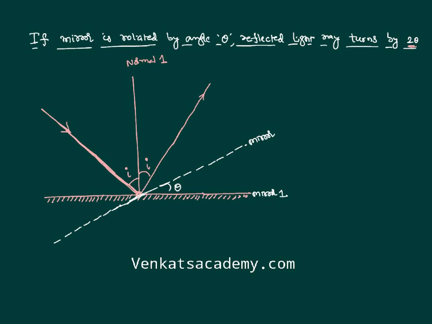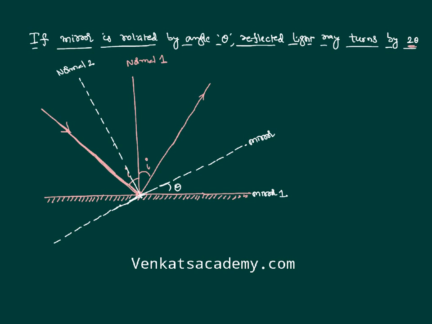As the incident light ray is not changed but the mirror is changed, the normal will automatically change. This is the new normal that we are considering, because the mirror is changed, the perpendicular also changes. This is our normal 2.